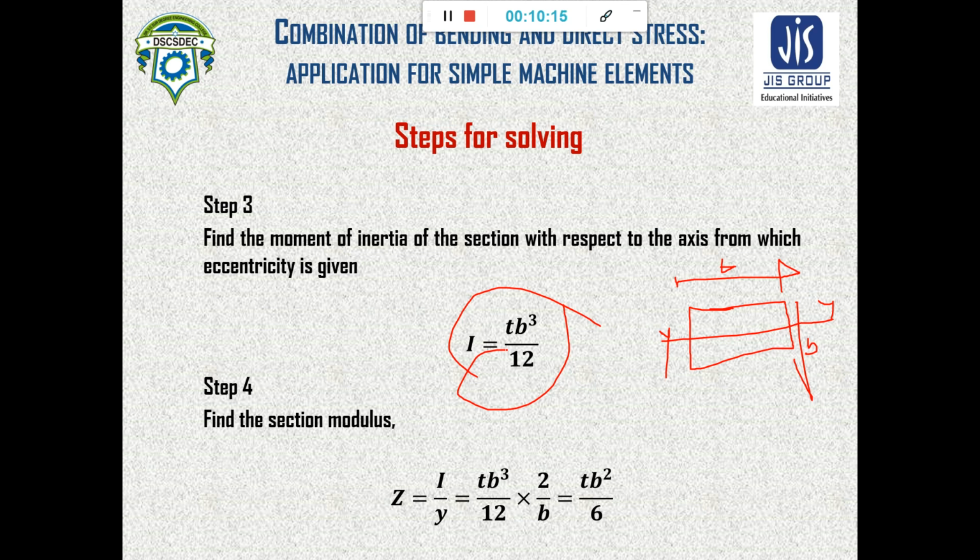So T B cube by 12 divided by B by 2, that means multiplied by 2 by B, gives T B square by 6. So this value is handy. These two values we can easily find out.